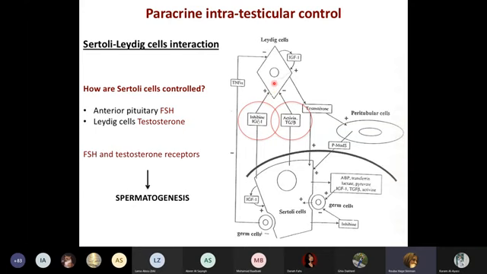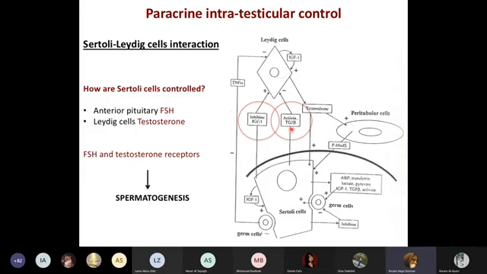If Leydig cells synthesize a big amount of testosterone, Sertoli cells can respond to this big amount of testosterone by synthesizing huge amounts of activin and inhibin. Activin and inhibin will help these germ cells to develop because activin activates and inhibin inhibits. However, when they act on the Leydig cells, they act differently. They will act locally.